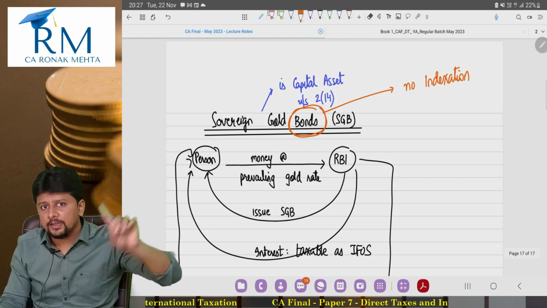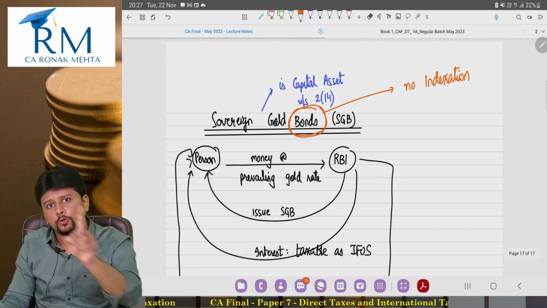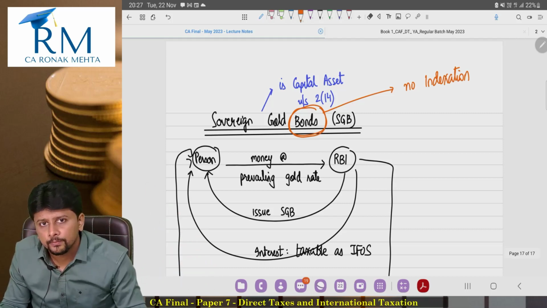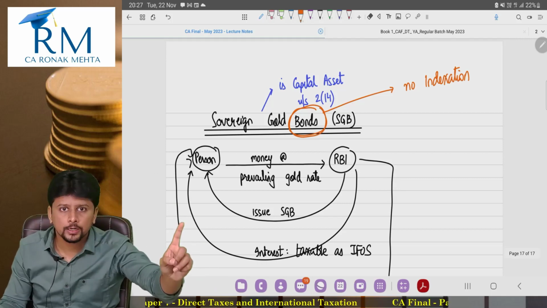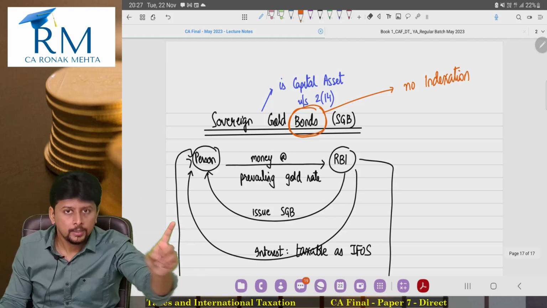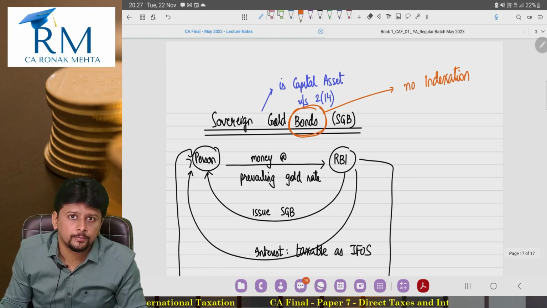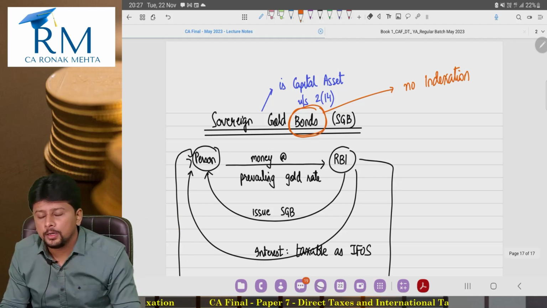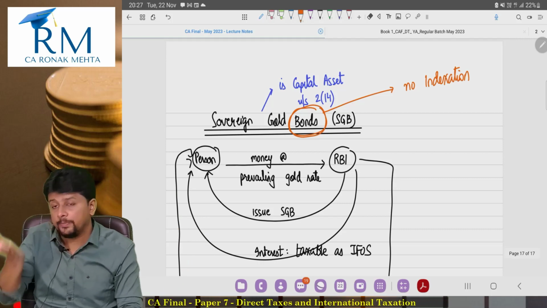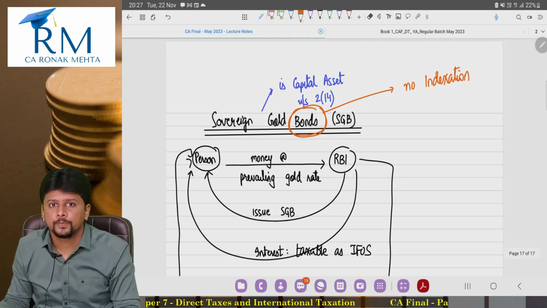Instead of buying physical gold, you want me to buy these sovereign gold bonds. But if I buy physical gold, then you are giving me indexation for long term. And if I buy gold bond, you are not giving me indexation. So my capital gain will be higher in that case.